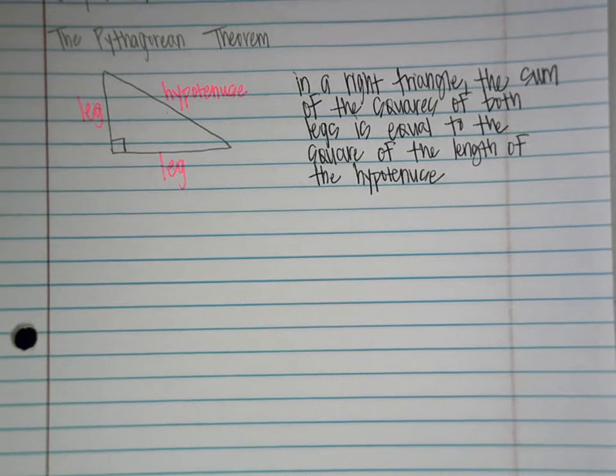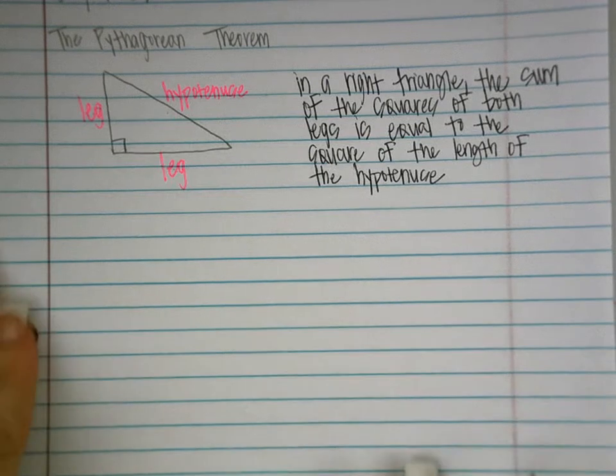So, instead of writing leg and hypotenuse, I'm going to make it a little bit easier. I'm going to label these with letters.